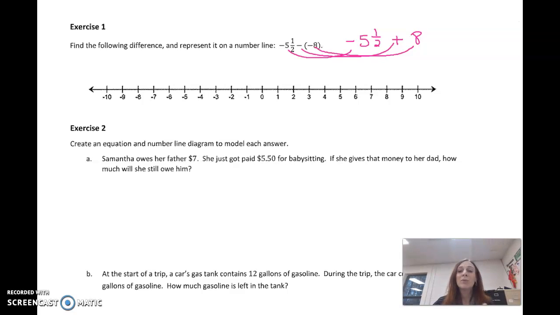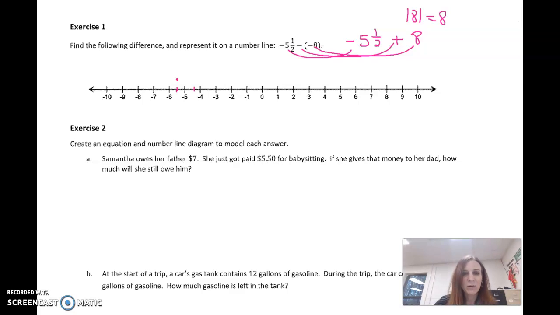So representing on the number line, remember, we want to go with our first number here, negative 5.5. And so negative 5.5, remember we're starting here instead of 0, comes halfway between negative 5 and negative 6. Now I am going to go to the right, because it's positive, 8 units, because the absolute value of 8 is 8.